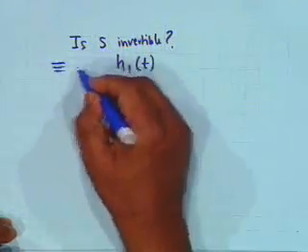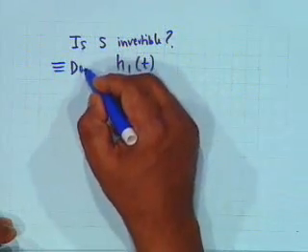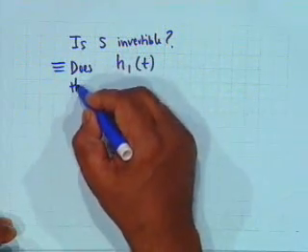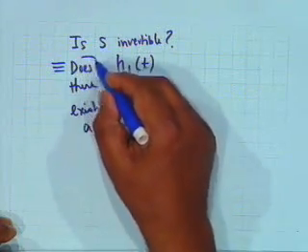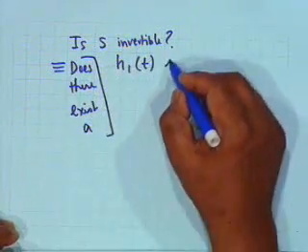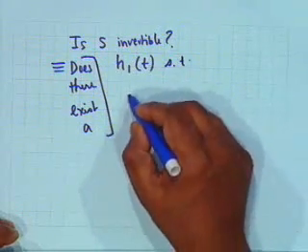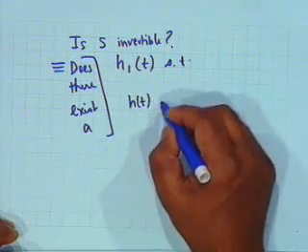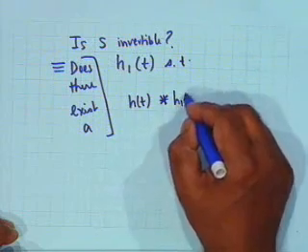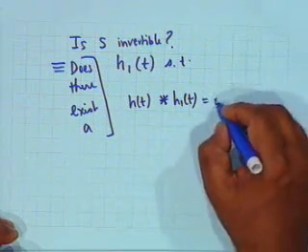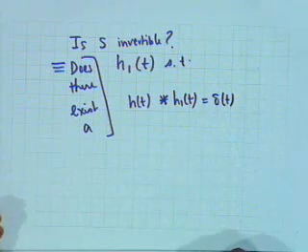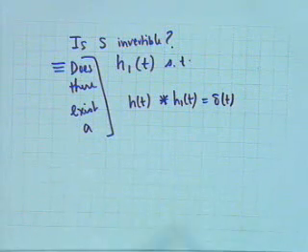This question is equivalent to, does there exist a h1 of t such that h of t convolved with h1 of t equal to delta t. It's not a very simple question to answer.